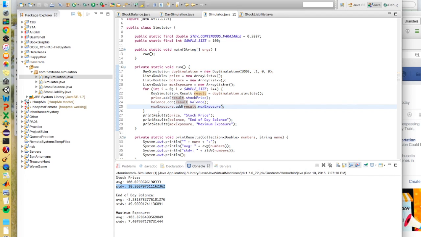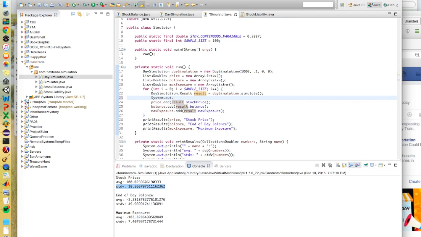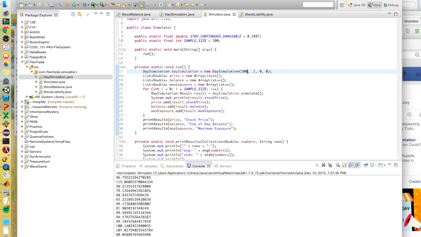If we go over here and we actually print out the stock price, now we can see, and I'm only going to run it 100 times, what happened is we ran 100 simulations, and what I'm printing is the stock price at the end of the day.